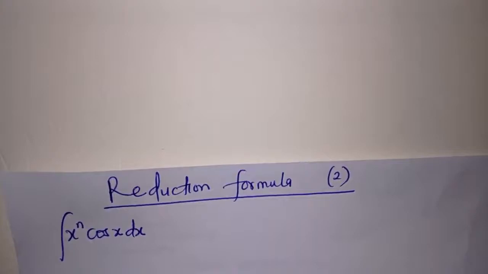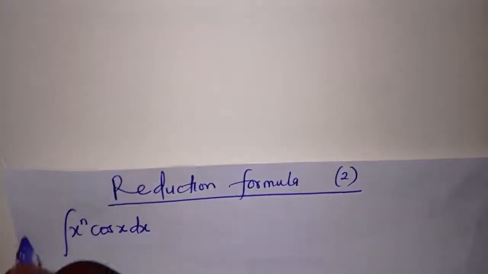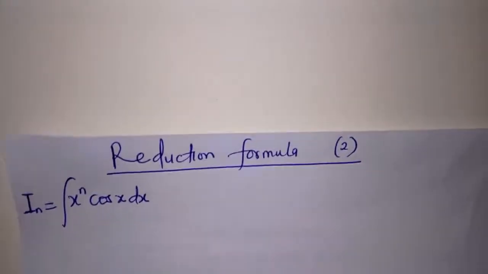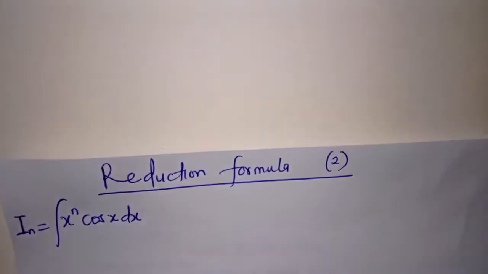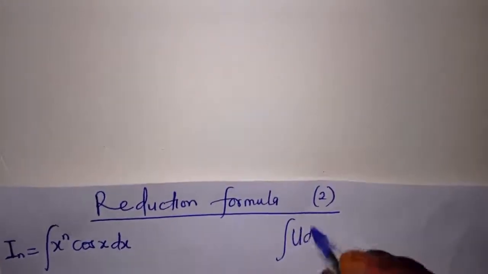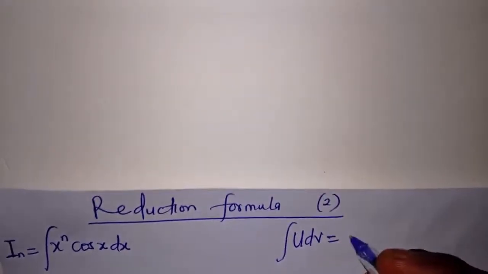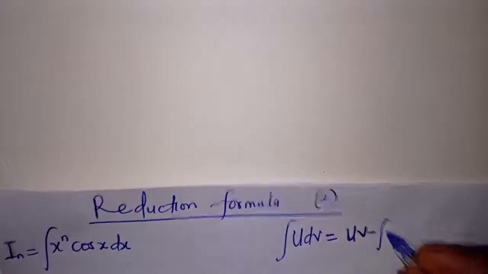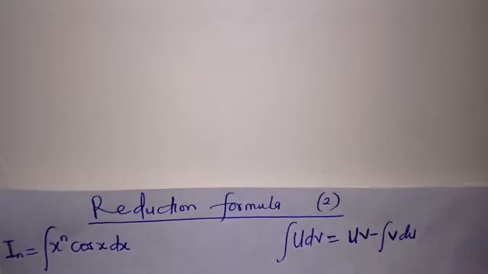Okay, first of all, let's call this integral I sub n. Now, using the same integration by parts, the integral of u dv is equal to uv minus the integral of v du.